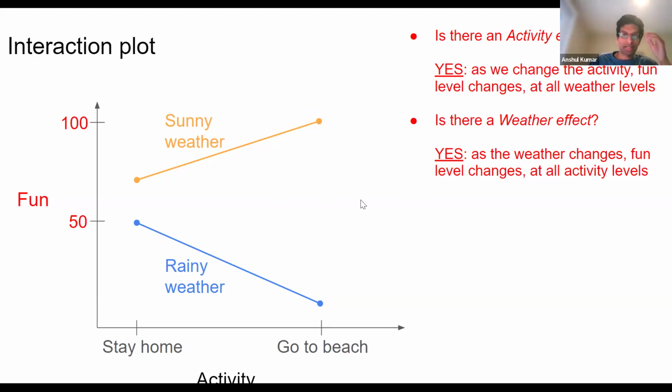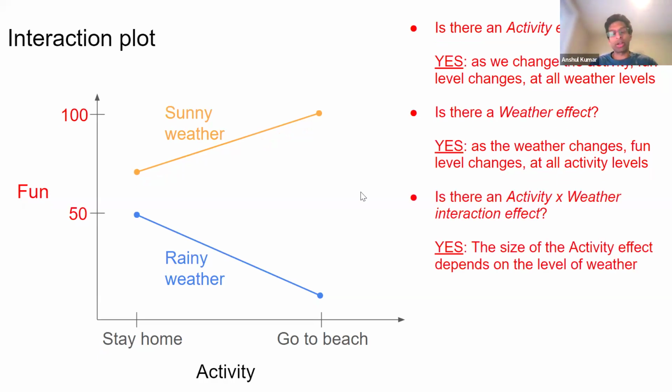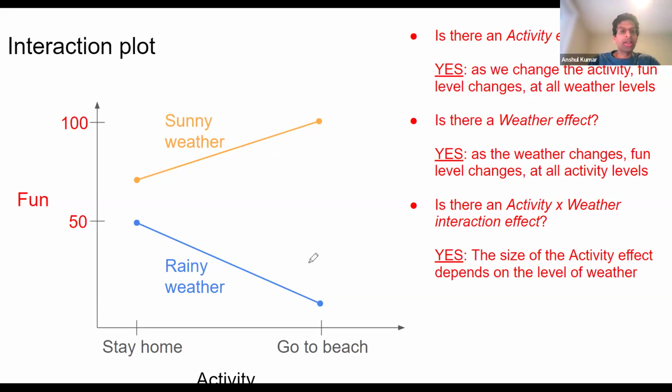And now the next thing we'll ask is, is there an activity times weather interaction effect? And this is where the answer is exactly the same as what we've already discussed from the previous slides. The change in fun level on a rainy day is -40, it's 50 to 10.